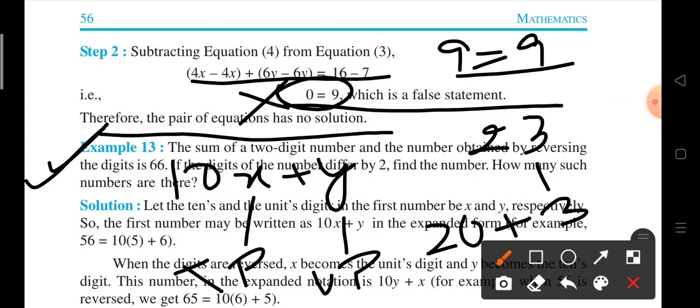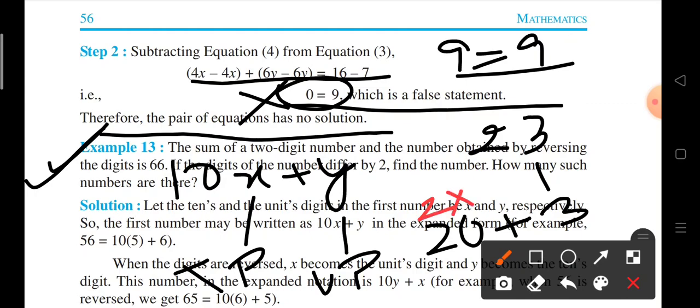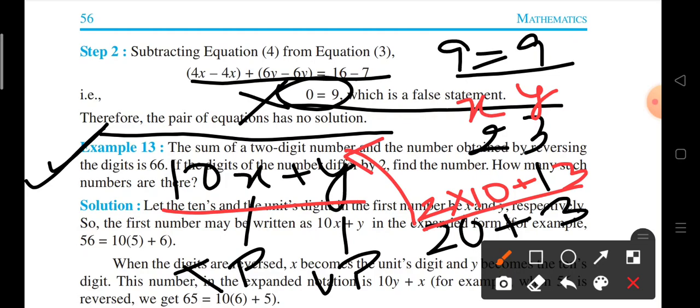That means 2 into 10 plus 3. Similarly, we have written here 10 into x plus y, because y is at the unit place, that is the place of 3, and x is at the tens place, that is the place of 2. Clear?